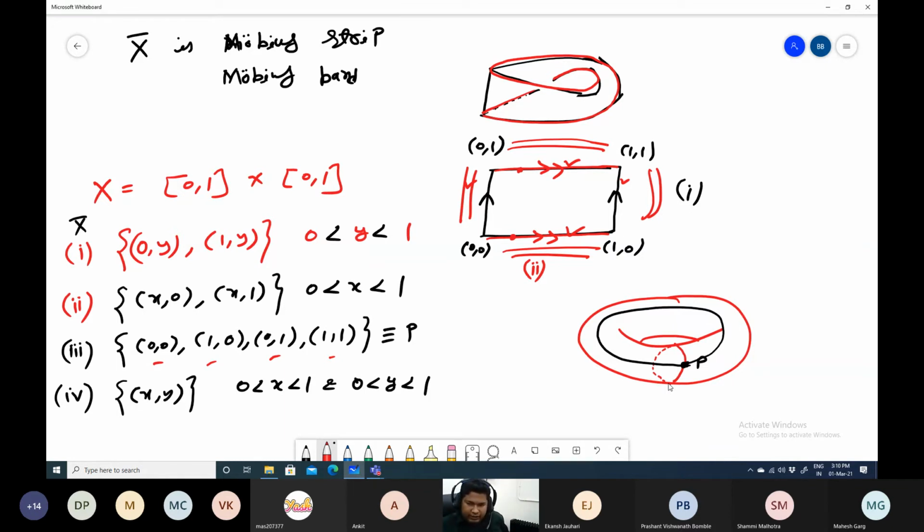Okay. So now if you take any open sets here, this open set is some open set in this boundary. Okay. Now tell me, if you have some open set this, what will be the inverse image of this open set?